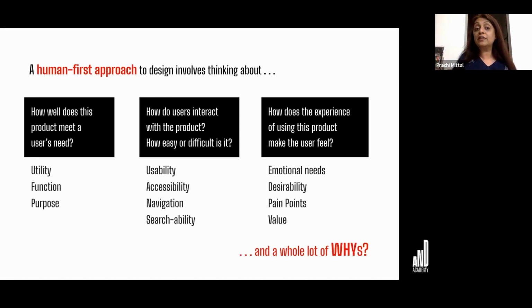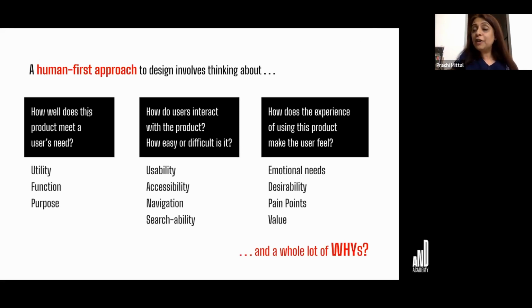How difficult is it for me to figure out how to operate it, to access it, to navigate, to search for, to perform the function that I want to perform? I should understand that.